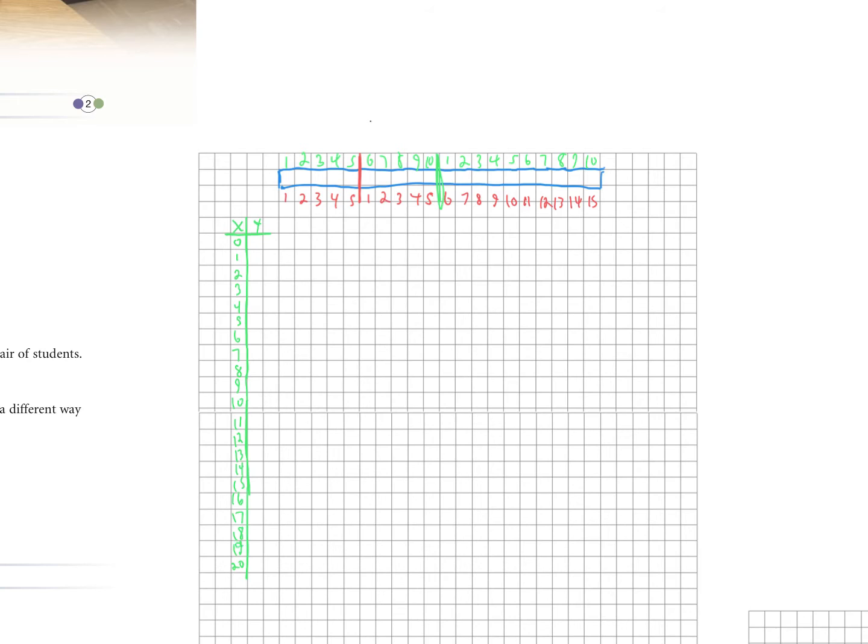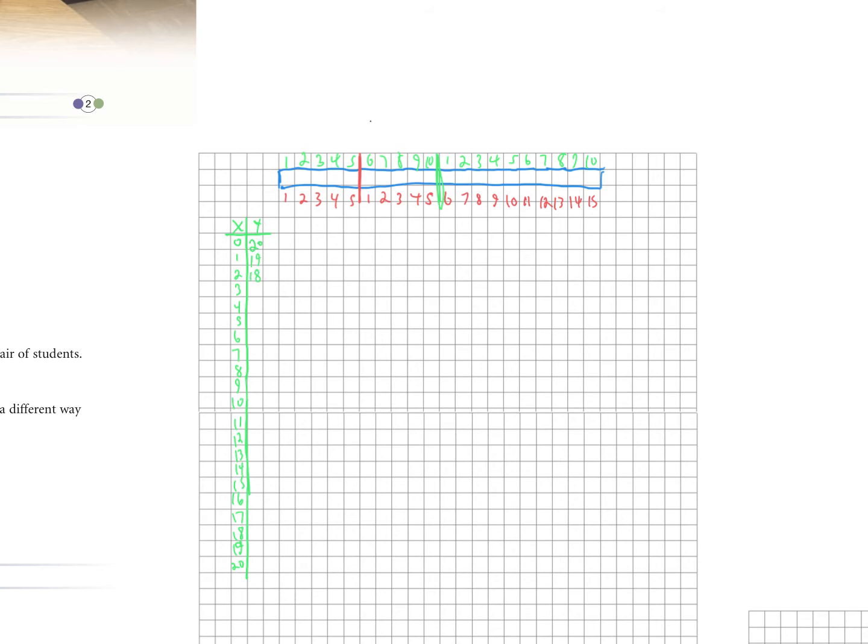If X is going to be 0 through 20, well then that should be able to tell us our values for Y, because let's just say I cut this right here, meaning that I have one piece for X that's worth 0 and one piece for Y that is worth 20. So I'll put my Y values here, so that would be 20. Now, if X was worth 1, then Y would have to be 19.